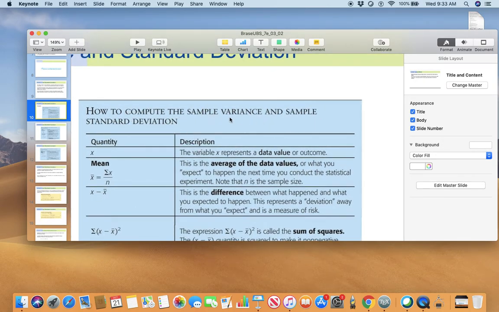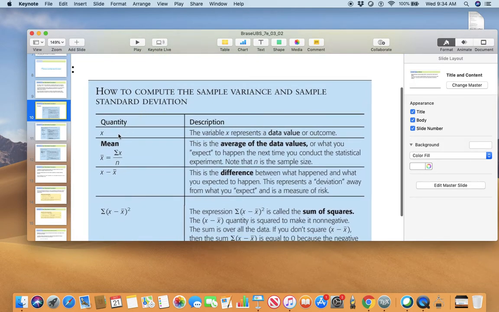Let's see the steps to compute sample variance and sample standard deviation. Before you start working on examples, these steps are a bit longer. We will have other methods to find sample variance and standard deviation in a minute.